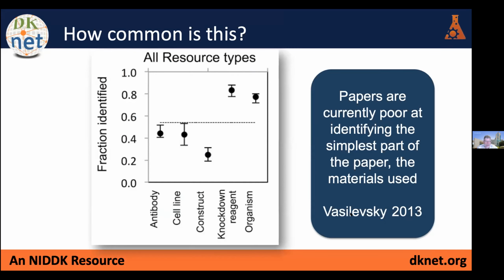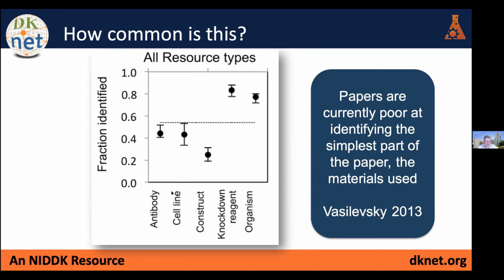We've done a study in collaboration with Vasilevsky when we began looking at developing the research resource identifiers, looking at how well resources are identified, based on the standard publication practices at that time.